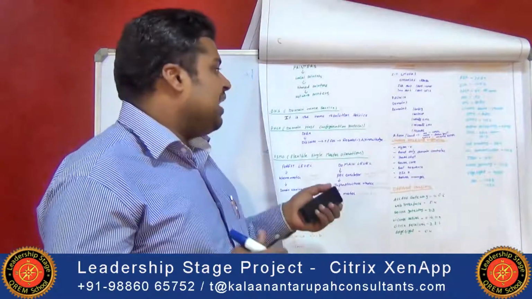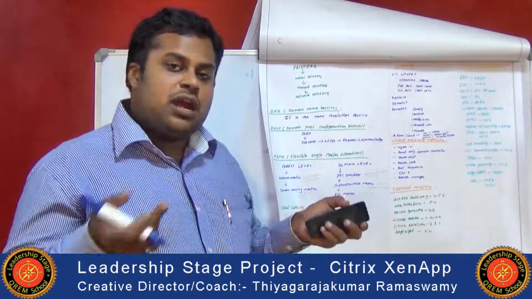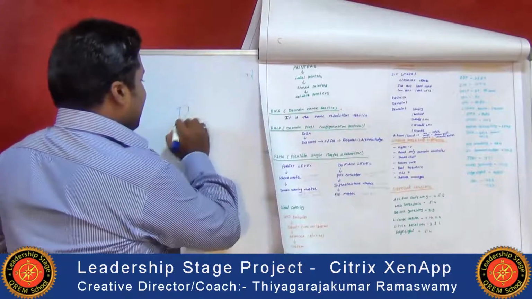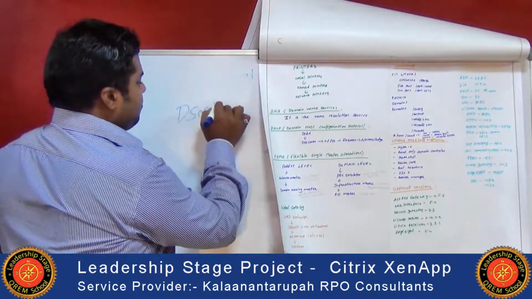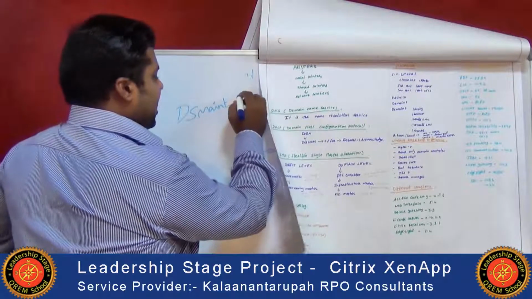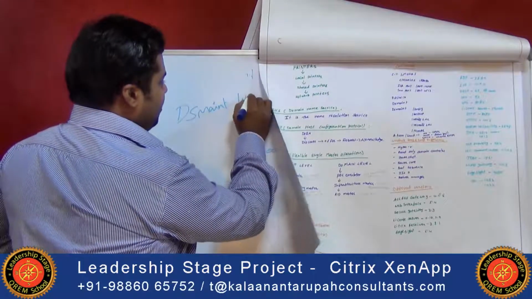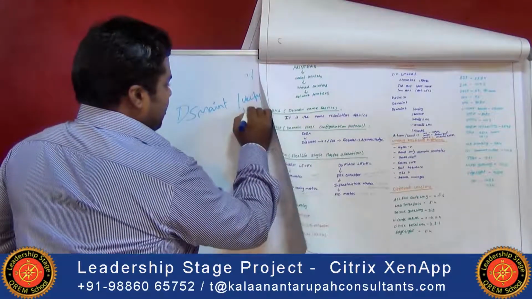If the LHC is corrupted, we have to find out. We use the command DSMaint /verify.